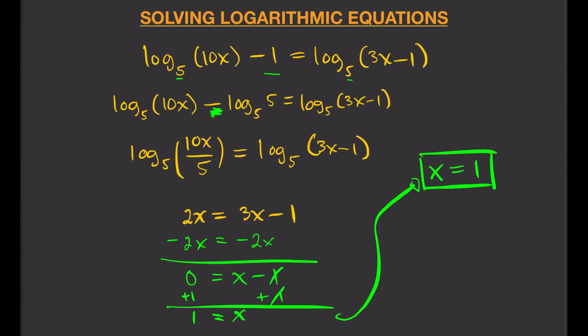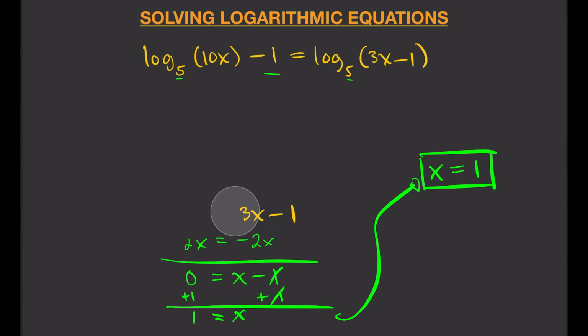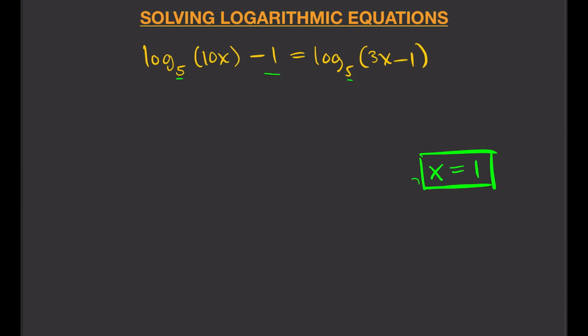Now let's see if this is a solution indeed. Let's plug that into our original equation. So that's going to be log base 5 of 10 times 1, that's 10, minus 1 equals log of 3 times 1 is 3 minus 1 is 2, so log of 2 base 5. And then I'm going to rearrange my expressions here.